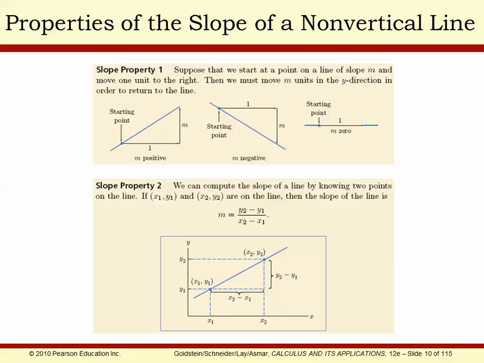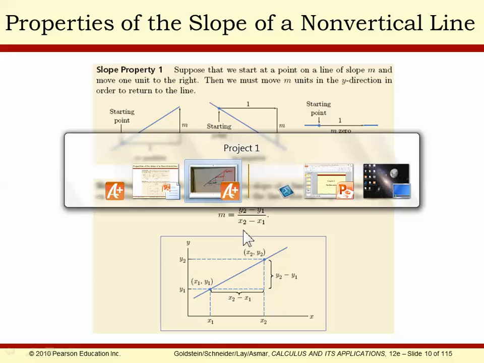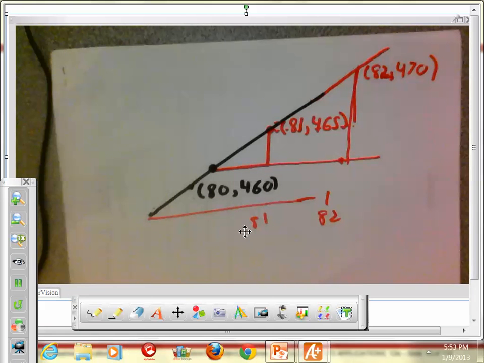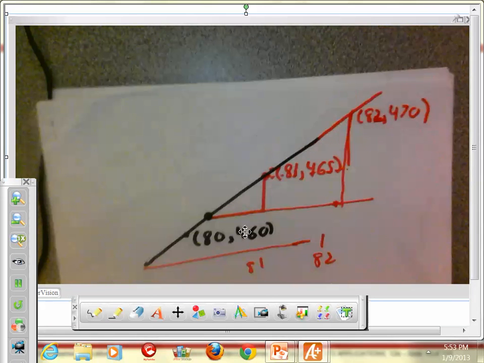So if we go to our previous example, make sure you have this formula written down. Make sure you know this. You're going to need this frequently. It's the change in the y-coordinates divided by the change in the x-coordinates. All right. So we have this example over here.